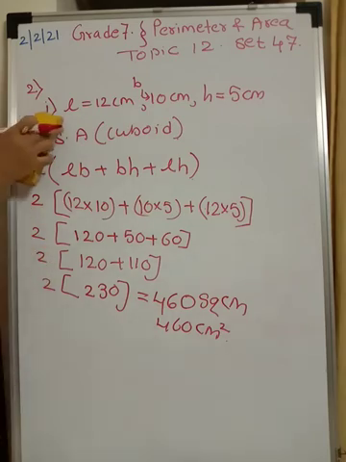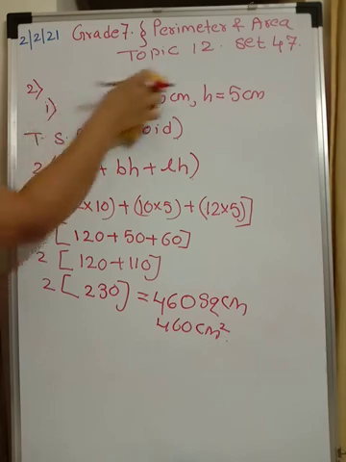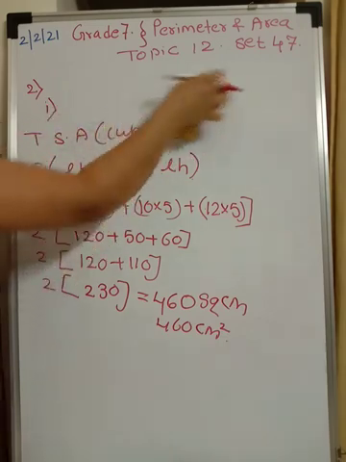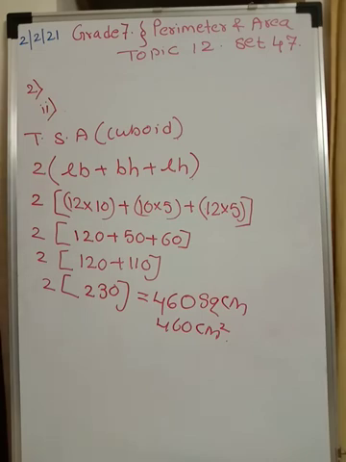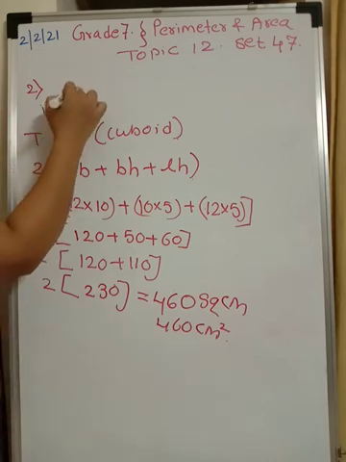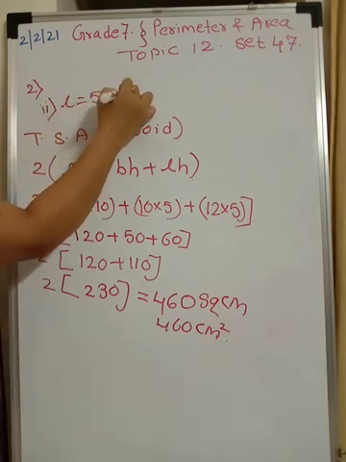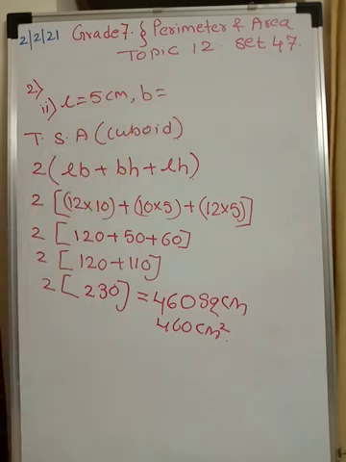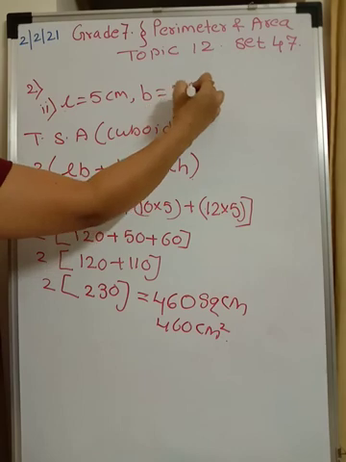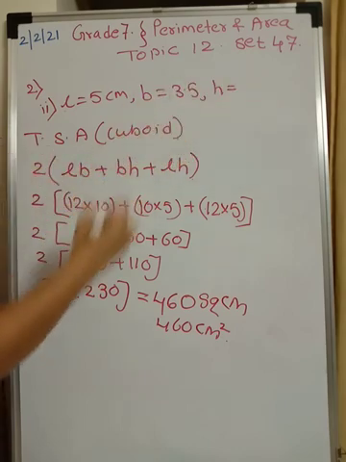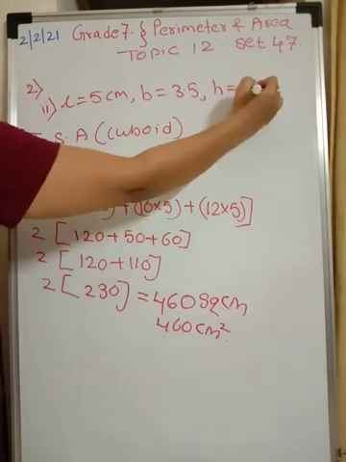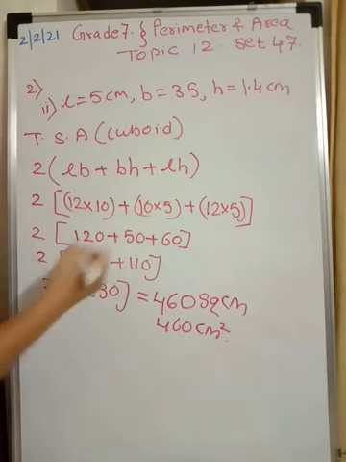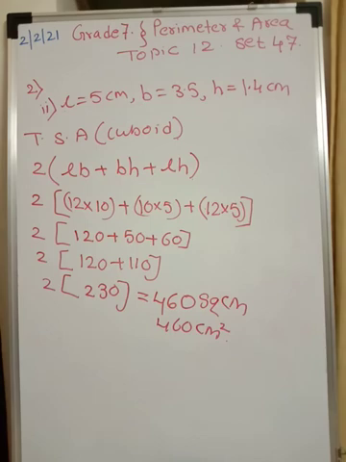So I'm just writing here length, breadth and height. Second problem we are doing. Length is 5 centimeter, breadth is 3.5, and height is equal to 1.4 centimeters.